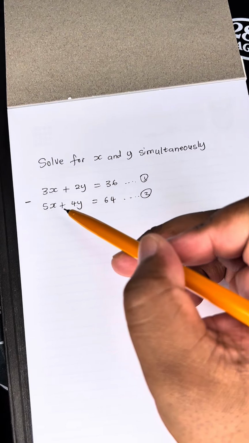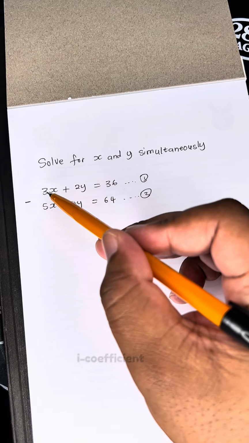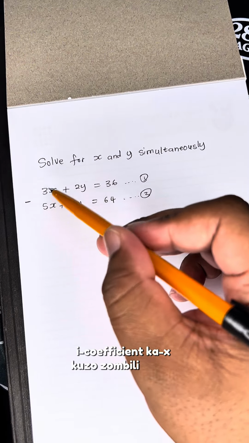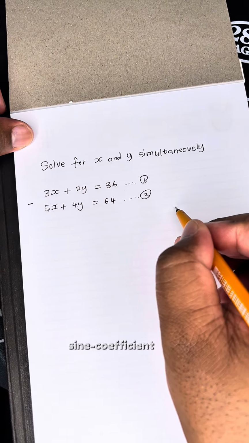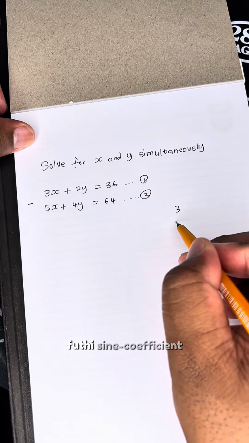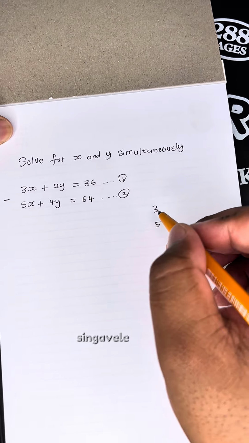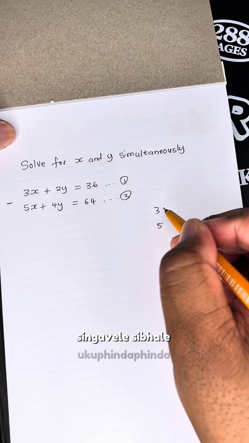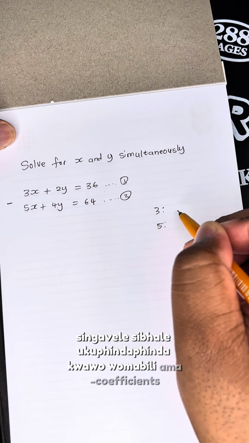How do we make sure that we actually have the same coefficient of x on both equations? We can just write down both coefficients. We have a coefficient of 3 from the first equation, and we have a coefficient of 5 from the second equation. We can just list the multiples of both coefficients.